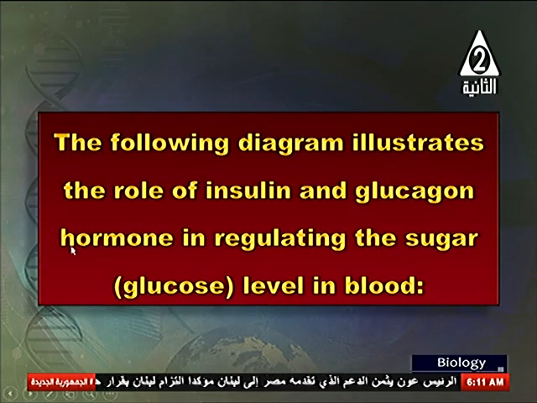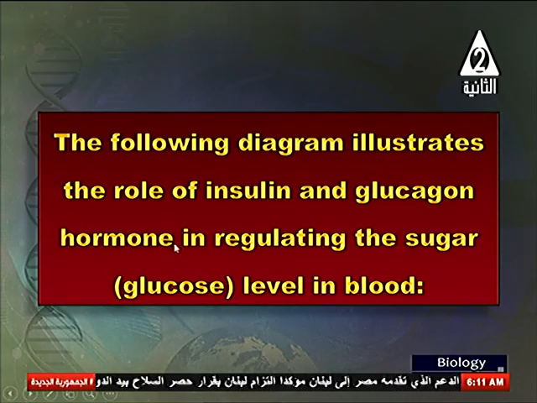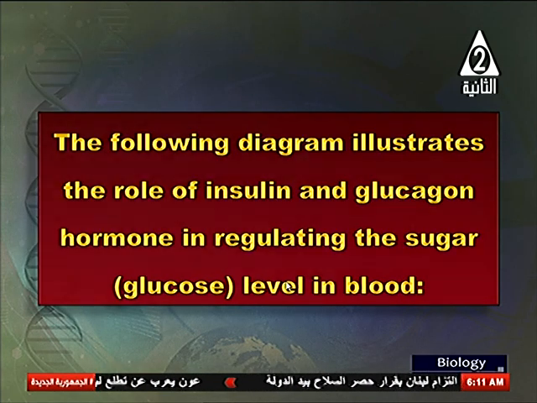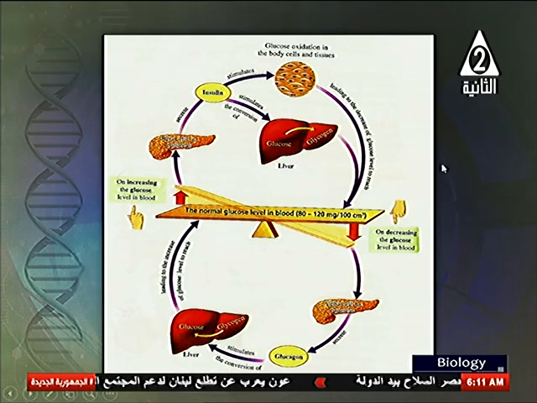The following diagram illustrates the role of insulin and glucagon hormones in regulating the sugar level in blood. This one is the normal level of glucose, from 80 up to 120 milligram per 100 cubic centimeter.